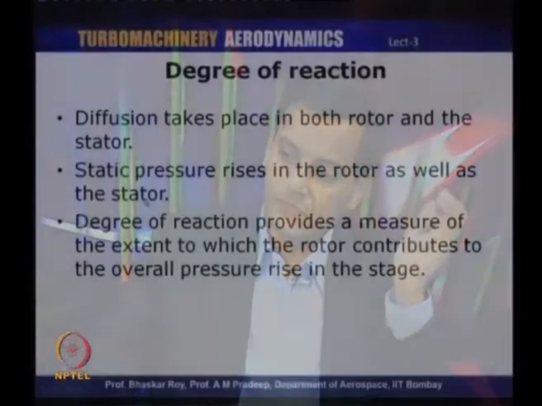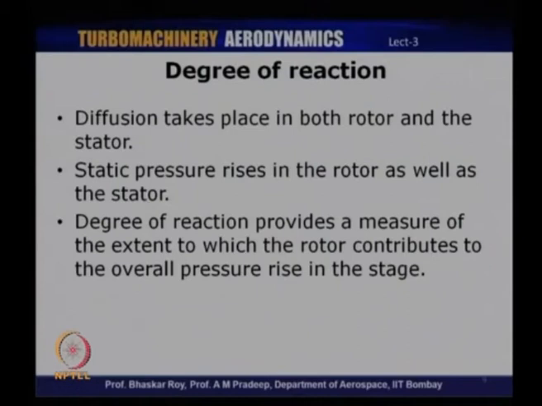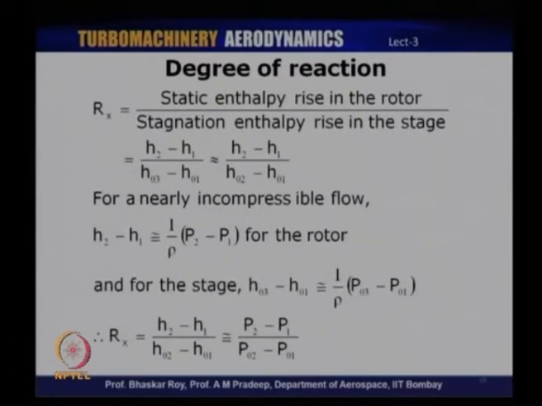So, we will be expressing degree of reaction in terms of static pressure as well as enthalpy shortly. Static pressure rise takes place, as we have seen, in both the rotor as well as the stator, and degree of reaction gives us some measure of the extent to which the rotor contributes to the overall pressure rise in the stage. Now, to express this in terms of enthalpy, degree of reaction by definition is the ratio of the static enthalpy rise in the rotor divided by the stagnation enthalpy rise in the stage.